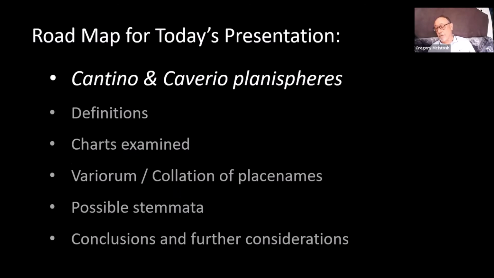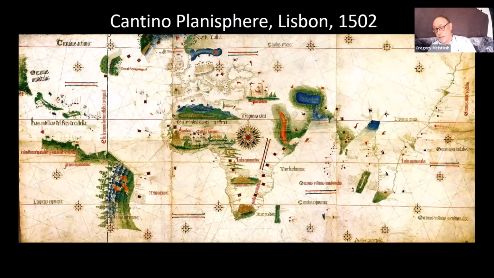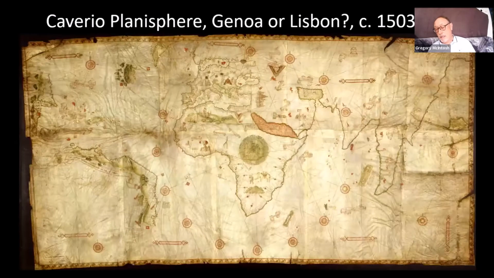First, the question of the relationship of the 2 planispheres. Since their independent rediscoveries in the 19th century, a close relationship has frequently been noted between the 2 nautical charts known as the Cantino planisphere of 1502 and the Cavario planisphere made sometime about 1503 to 1506.